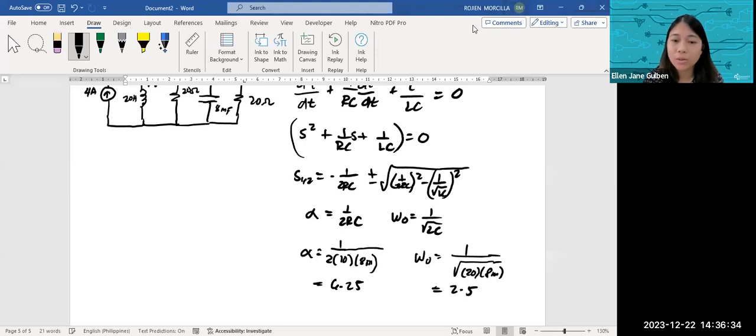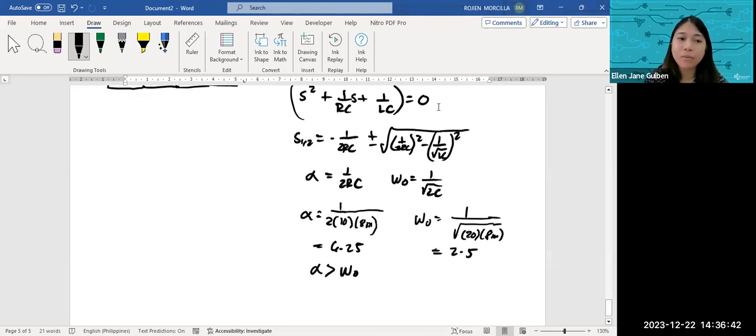Okay, so alpha is greater than omega sub O. We have overdamped. So if we have overdamped, I of t is equal to A1 e to the S1 t plus A2 e to the S2 t plus ISS.